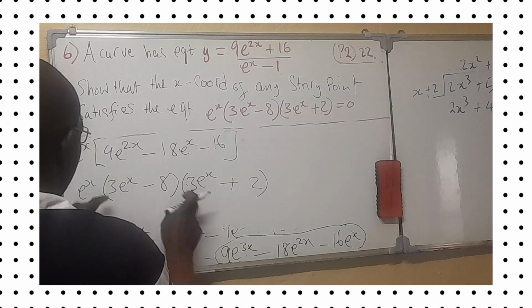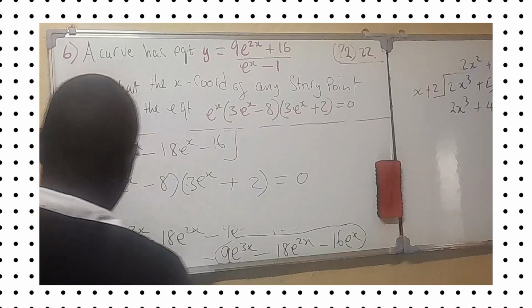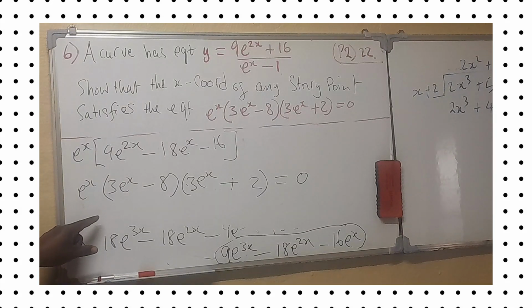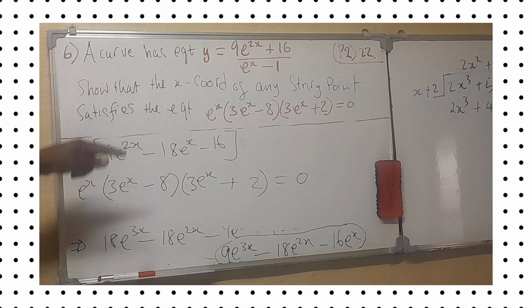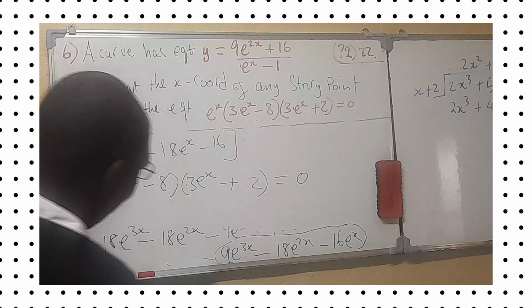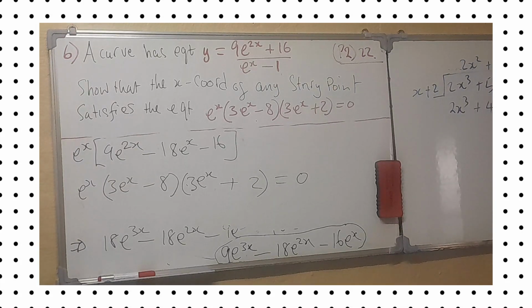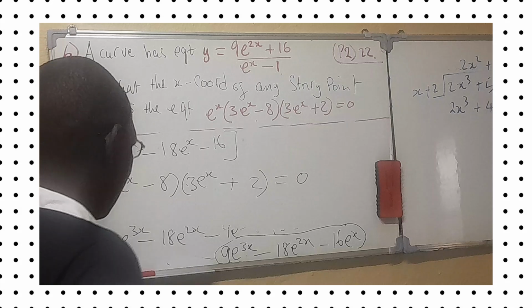A 3 and a 3 gives me my 9 there. Remember again the condition that we concluded: if dy/dx is to be 0, the top must be 0. So this must be 0. Every x coordinate of the stationary point must satisfy this equation.